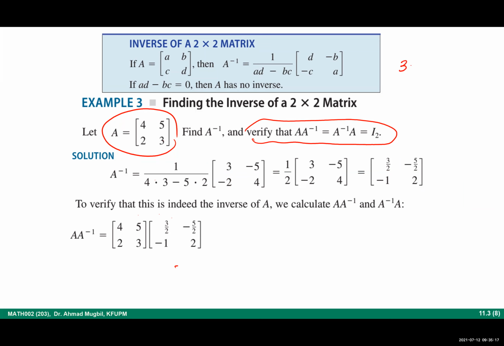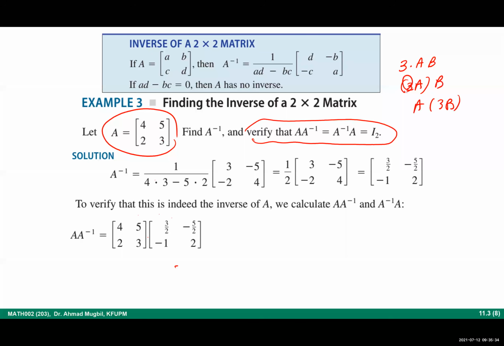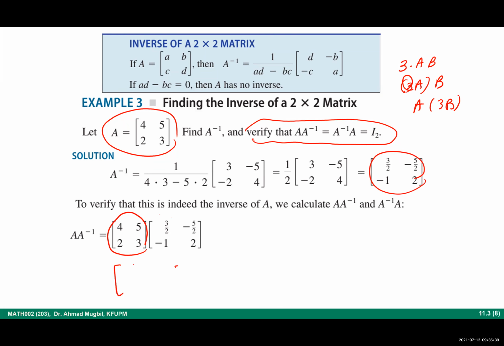For example, if you multiply 3 by a matrix A by a matrix B, it is the same if you said 3A multiplied by B or you said A multiplied by 3B. It is the same because of this property of the product. Revise the properties. So here we have A, we need to multiply by this matrix, or indeed it is the same as you say that you multiply it by this, by a half, 3, negative 2, negative 5, and 4. Now take the half out, ya shabab.